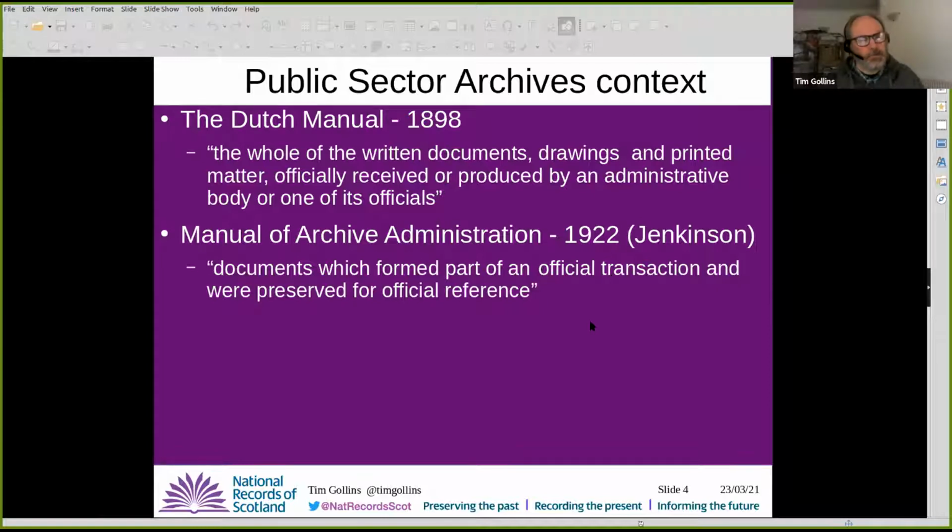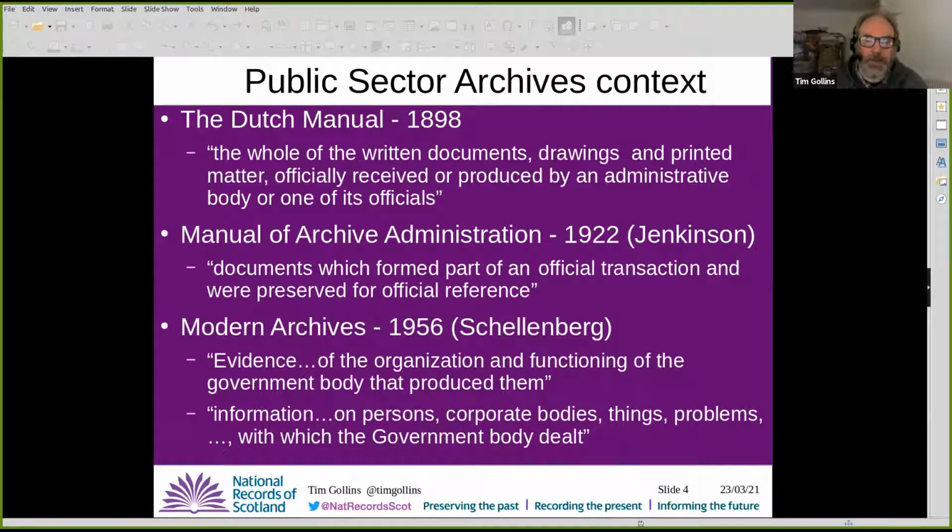So we've got senses of officialness here. We've got senses of, in the case of the Dutch manual, written things. We're using the word documents, so that's an interesting concept. But are these introducing some sort of bias? Well, we'll see in a minute.